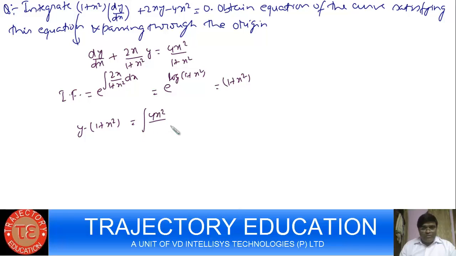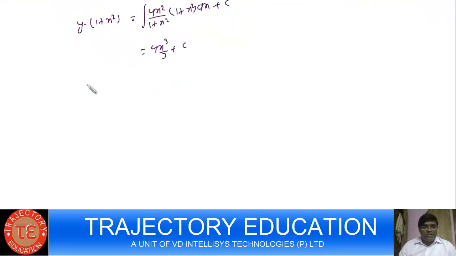And this comes as y times (1 plus x square) equals the integral of Q times IF, which is 4x square dx, so 4x cube upon 3 plus a constant. So this is the solution of the differential equation.